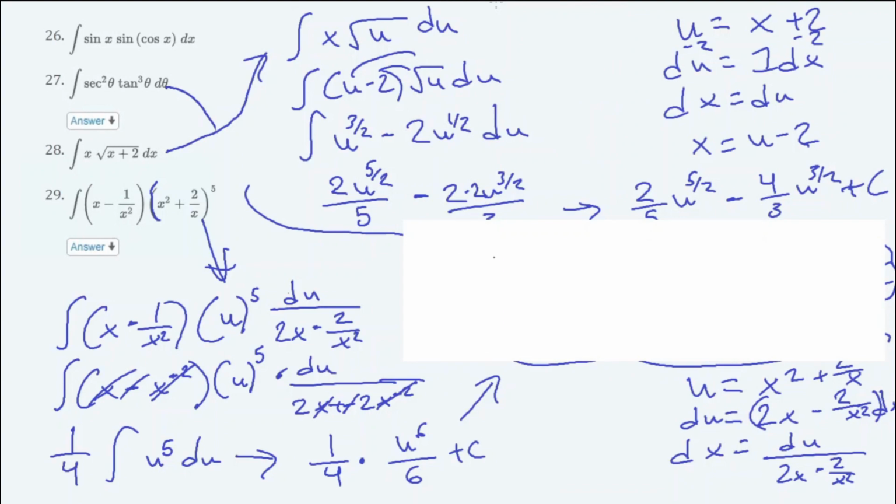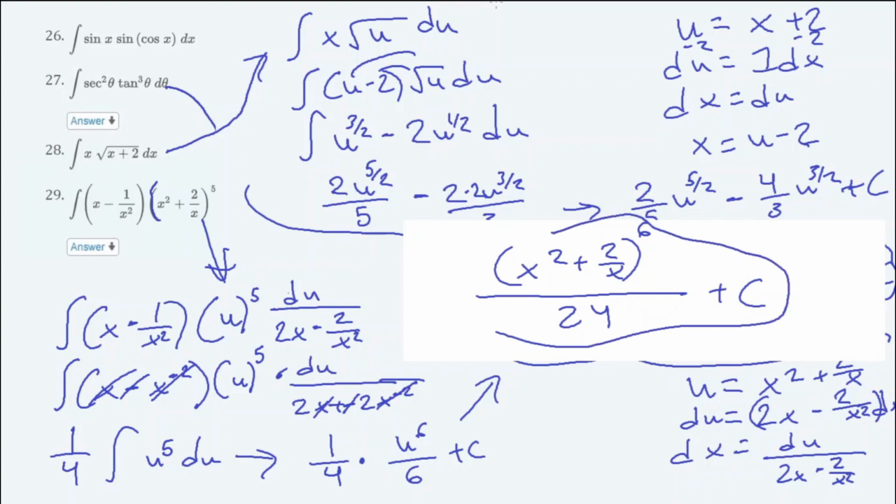So we plug in for u, where u is going to be x squared plus 2 over x, as we originally decided. So it's going to be, on the numerator, x squared plus 2 over x, in parentheses, to the 6th power, over 24, plus c. And that's going to be our final answer for number 29.